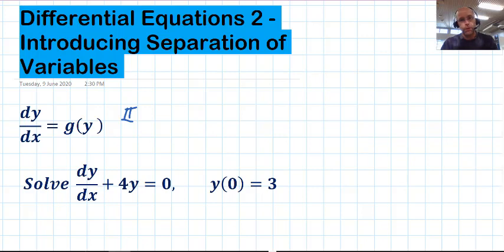If you haven't caught the first video, it was type 1 and a general overview, solving differential equations when we have a function of x, which is not really anything too new, but this is new, type 2. So the rate of change is proportional to the actual value of the function, is another way of saying that.